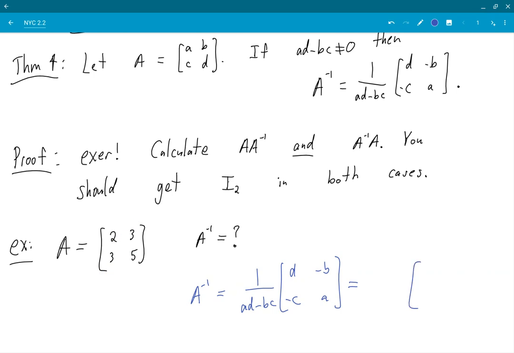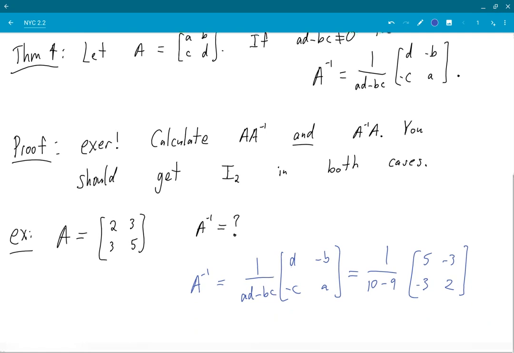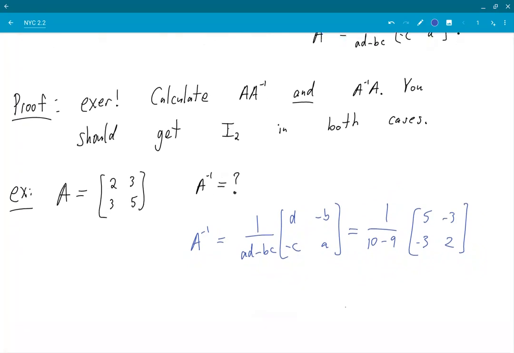So we'll start there. Kind of 5, 2, then minus 3, minus 3. And then you get 1 over AD minus BC, which is 10 minus 9. So in this case, you have a nice fraction here. That won't always be the case.